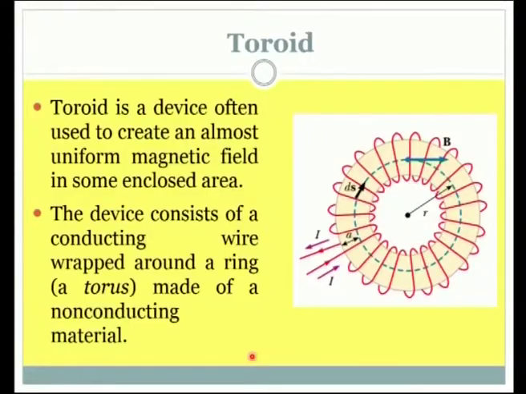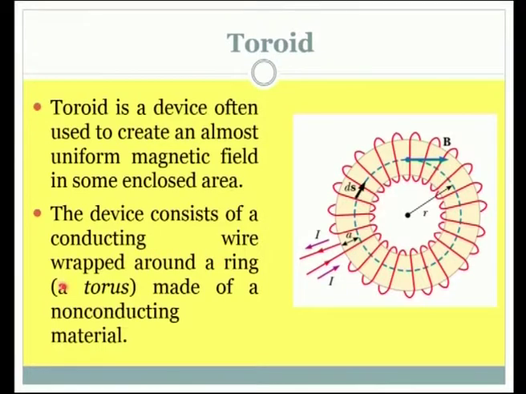We can have one more geometrical arrangement, that is called a toroid. What is a toroid? Toroid is a device often used to create an almost uniform magnetic field in some enclosed area. The device consists of a conducting wire wrapped around a ring.